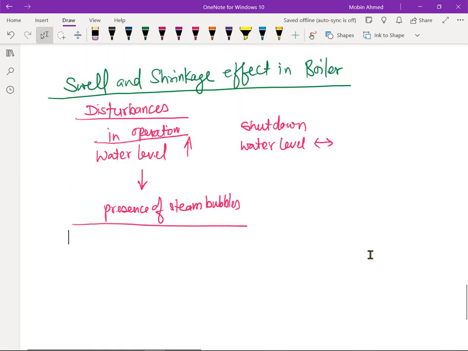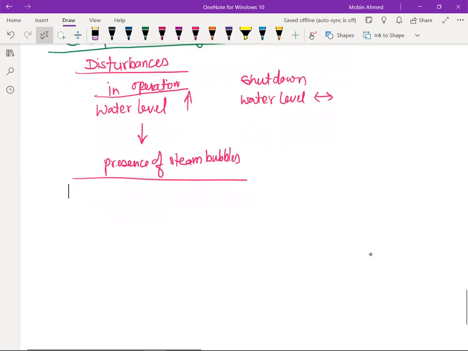Now, let's see one phenomenon. Suppose there is a steam demand, so the flow of steam is increased. That means the demand has increased, of course, so the flow of steam is going to increase.